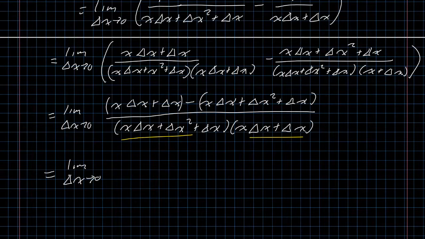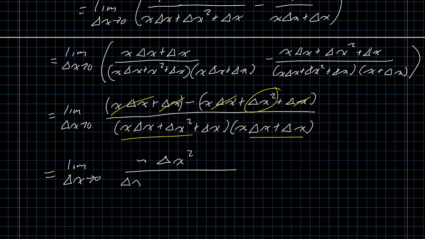And I'm going to factor the delta x back out, which is convenient because in the numerator, the x delta x is canceling out, the delta x is canceling out, and the only thing that's left is a delta x squared. So we've got minus delta x squared in the numerator, and in the denominator, we have delta x times x plus delta x plus 1 times delta x times x plus 1.